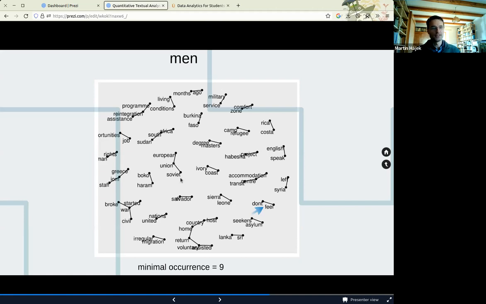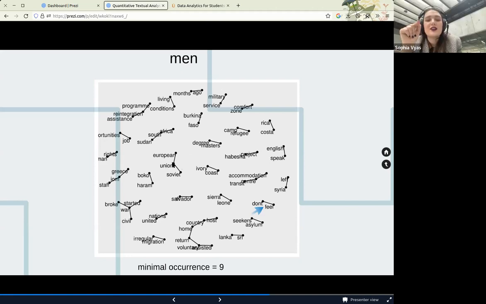So it's not like a network. European is not connected to Soviet. European is connected to Union, and Soviet is also connected to Union. Yes, and the same with program, which is connected to reintegration. So it's reintegration program and assistance. Okay, thank you.